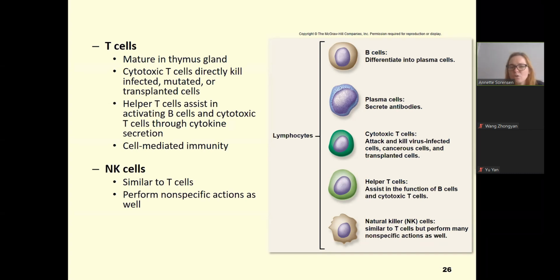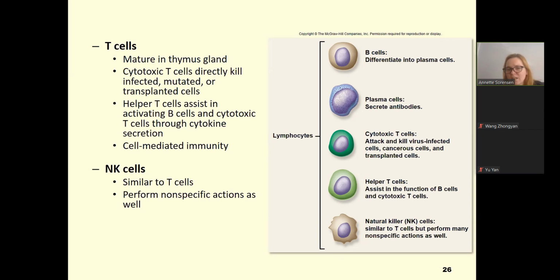We are going to go through why that is, but one of the reasons is because of cytokine secretion. We'll look at that mechanism in a couple of slides' time. And again, the T cells are involved in what we call cell-mediated immunity. So not humoral immunity, but cell-mediated immunity.